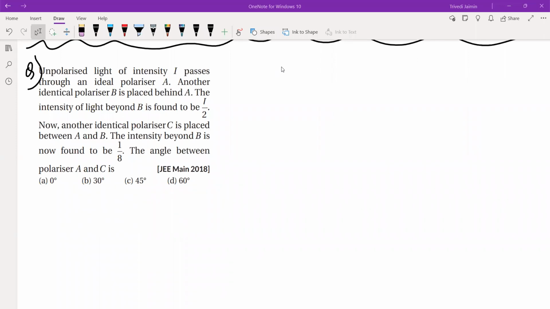Now, another identical polarizer C is placed between A and B. The intensity beyond B is now found to be I by 8. The angle between polarizer A and C is, what is it? We don't know, we have to find out. Let's start.